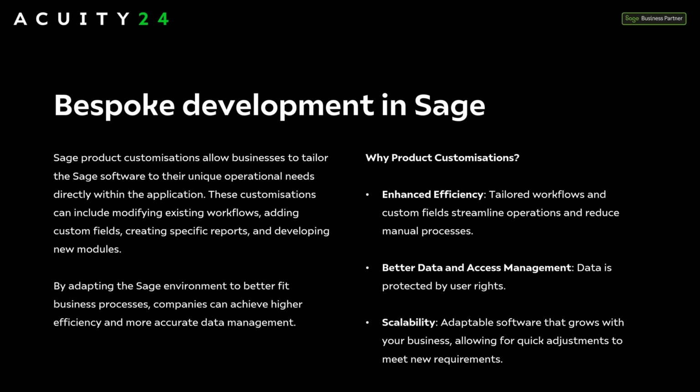The benefits of product customization would be enhanced efficiency, tailored workflows and custom fields, streamlined operations and reduced manual processes, and better data and access management. Data is protected by user rights. Scalability: adaptable software that goes with your business, allowing for quick adjustment to meet new requirements.